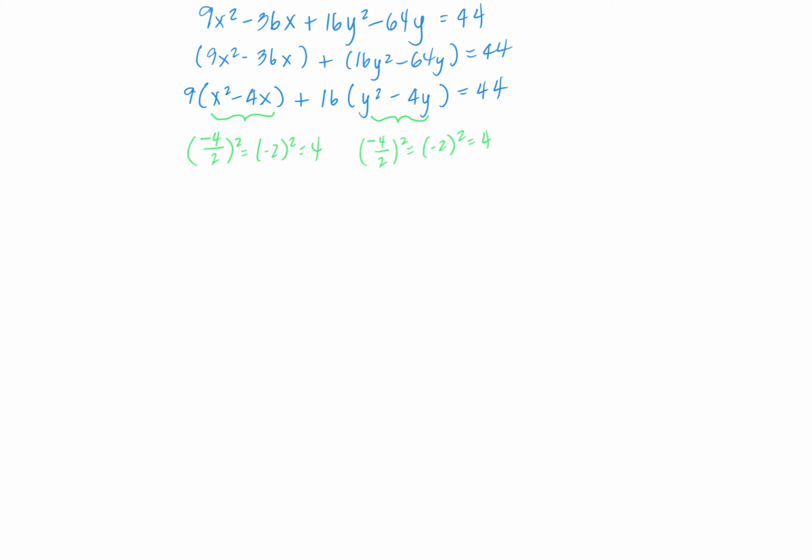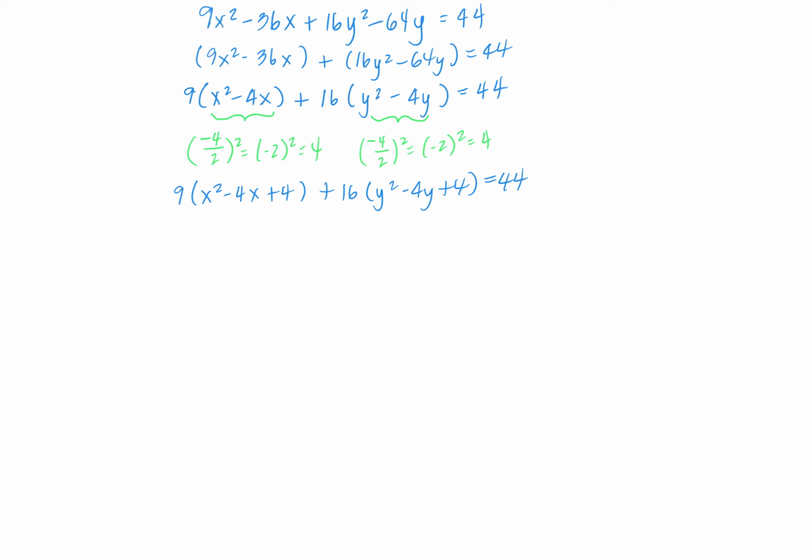Let's go ahead and add those in. I'll get 9 times x squared minus 4x plus 4, plus 16 times y squared minus 4y plus 4, equal to 44.